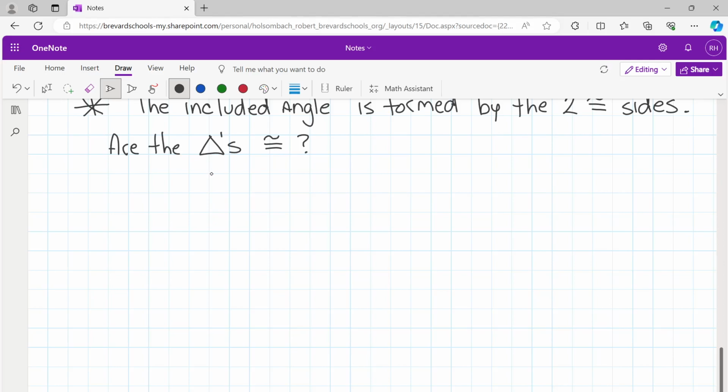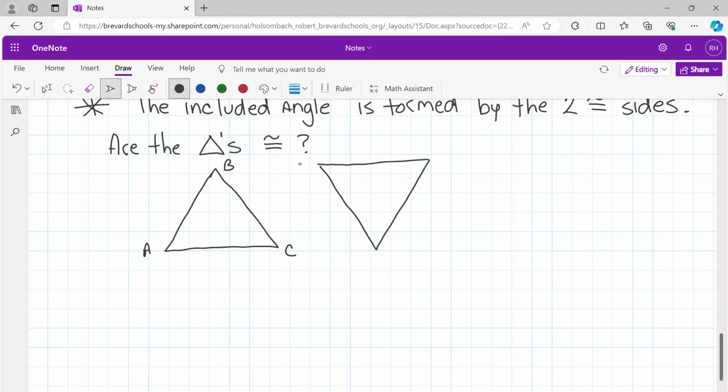And here's our triangle on the left, ABC. Triangle on the right, X, Y, Z. Now the rule is side, angle, side.